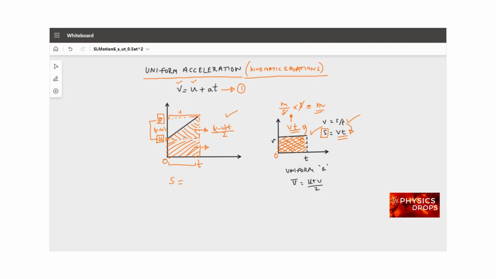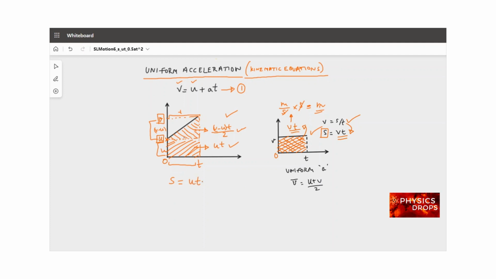And what is the area of this rectangle at the bottom here? It is u minus 0, which is nothing but u, as the breadth of the rectangle, and the length we can say is t minus 0, which is t. So one dimension is u, the other is t. The area of the rectangle is length times breadth, which is ut. So let's add these two to get the area of the closed figure, or the area under the line, which is nothing but displacement.